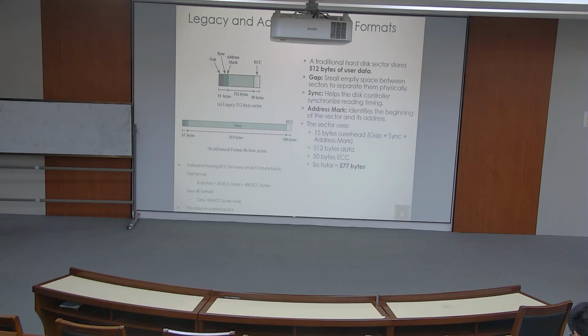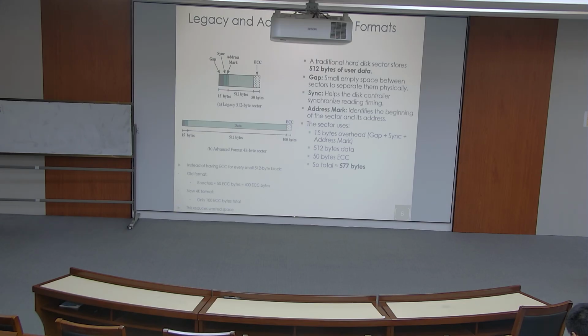Then we have an extra 50 bytes, and this extra 50 bytes is for the ECC. As we have seen, they need to include the ECC for parity information or error detection and correction codes. So in total, we have 577 bytes.